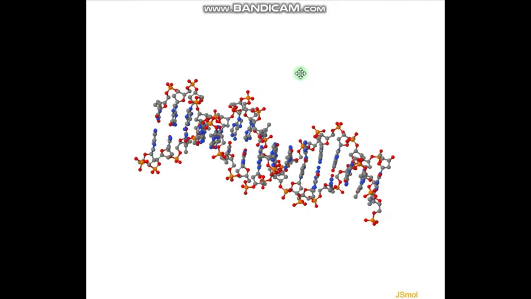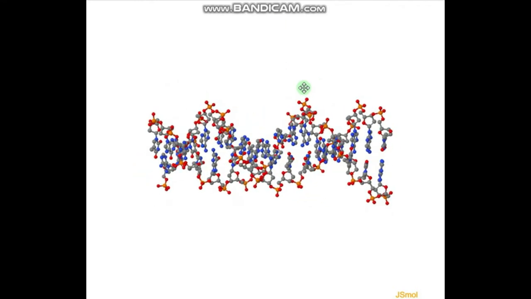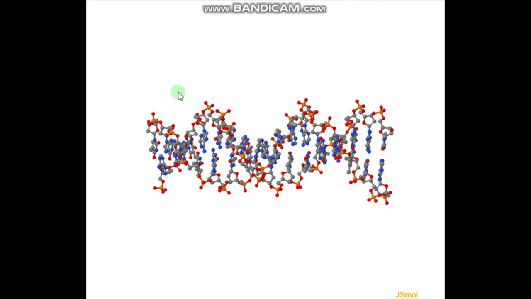If you measure the distance between two equivalent points on the helix as it repeats its structure, in other words from the middle of the minor groove at this point, as it bends round, to the middle of it where you next see it at the top, that distance is about 3.4 nanometers. That's 3.4 times 10 to the minus 9 meters.